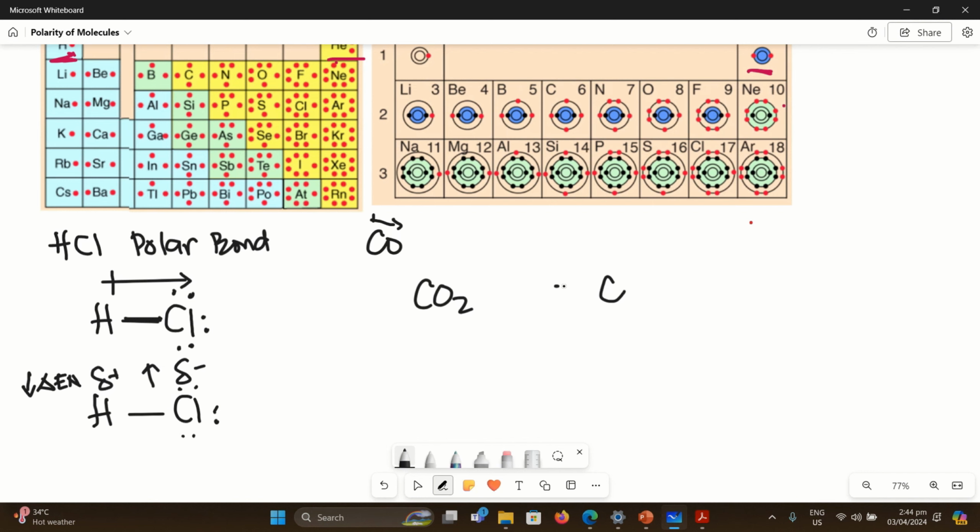Then, there is double bond on their valence shell. This is how it looks like. So, they have opposite direction na. Kung babasihan natin yung charges. But then remember, we don't have this one. It is because opposite direction na siya, it makes it non-polar. It makes it electrical symmetry.